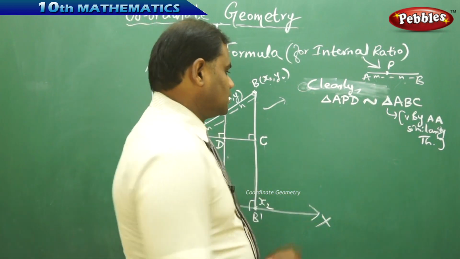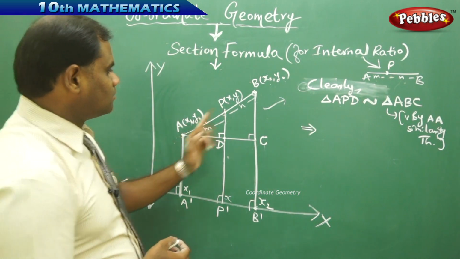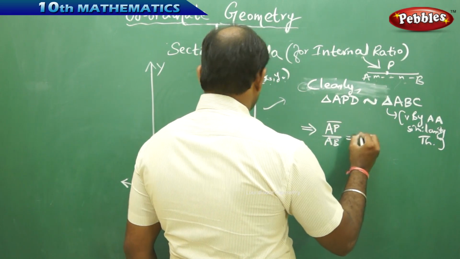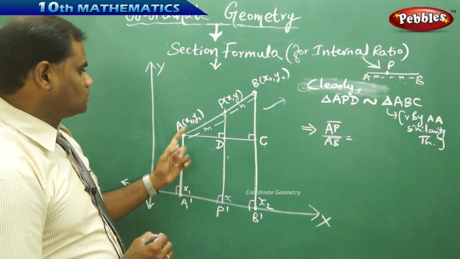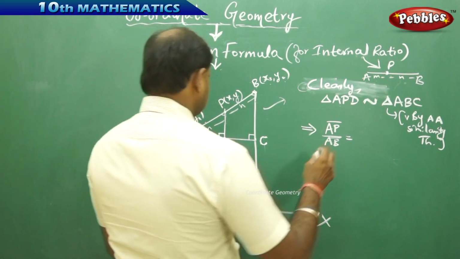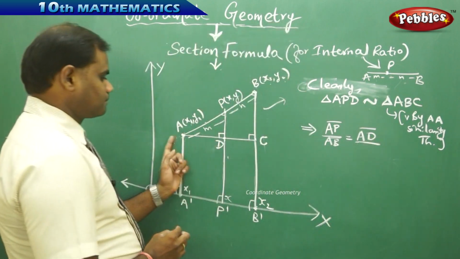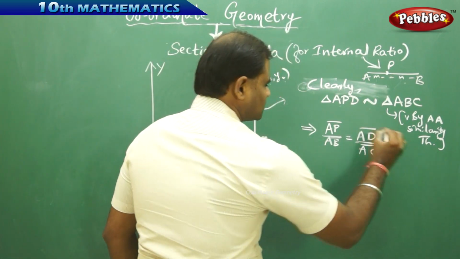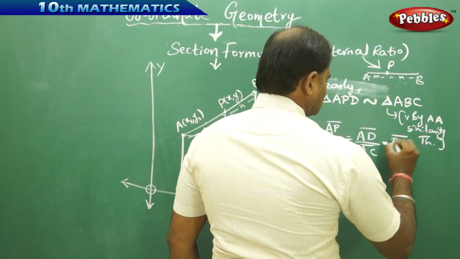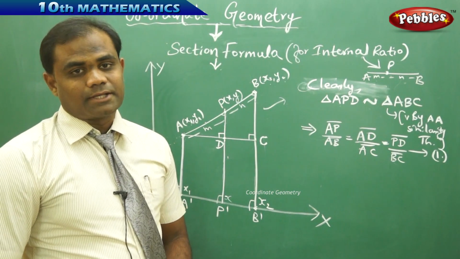So the two triangles being similar implies corresponding sides are in the same ratio, that is AP by AB will be equal to AD by AC, which in turn is equal to the third side PD by BC, is what I get as equation 1, the corresponding sides in the same ratio.